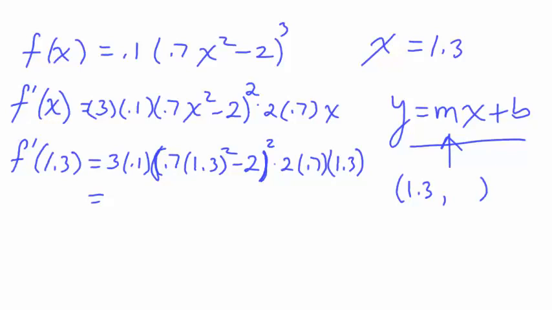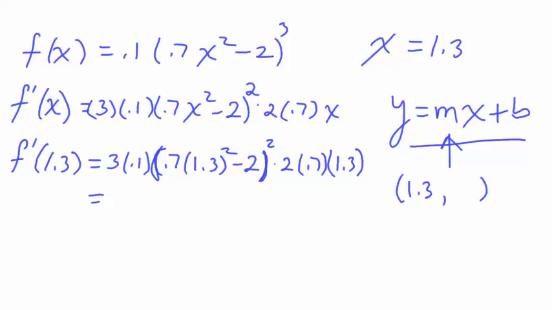So let's plug all this stuff in. We got 3 times 0.1 times, and let's not make any mistakes, 0.7 times, in parentheses, 1.3 squared minus 2. And for all you people out there that want to crank this out by hand, you go right ahead.